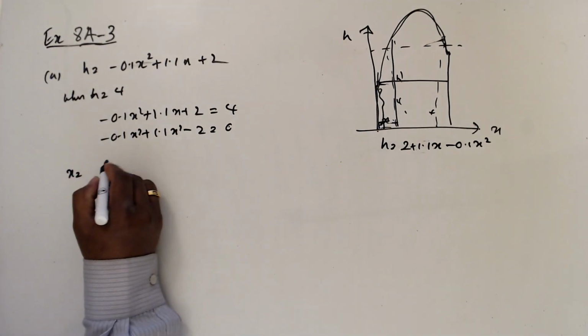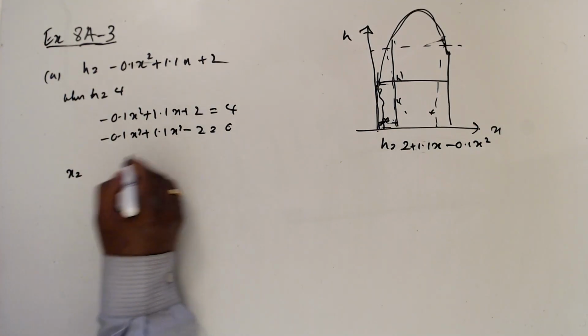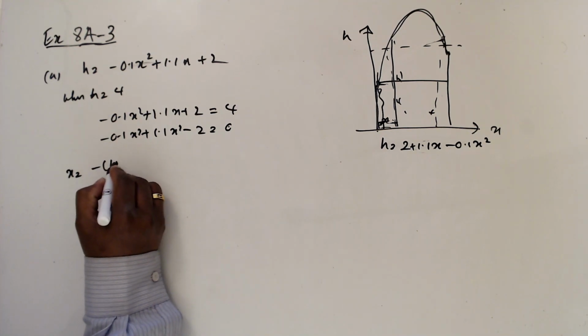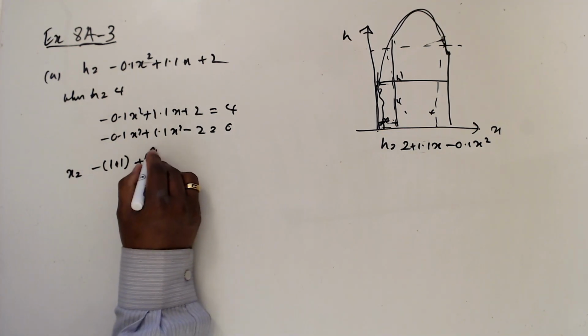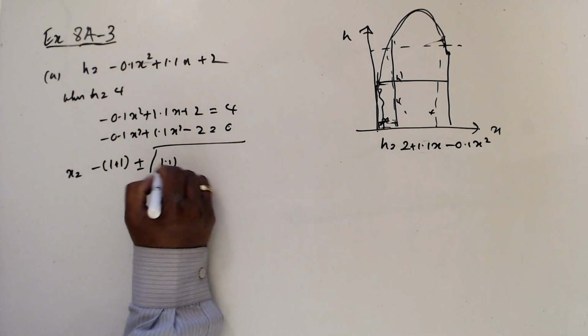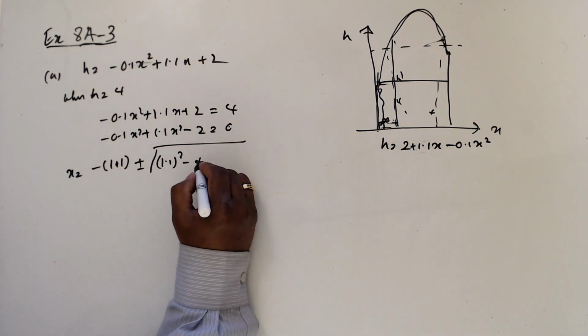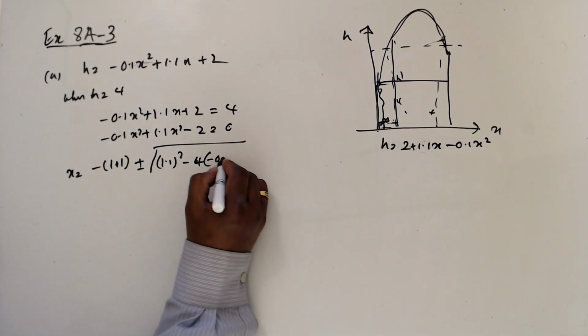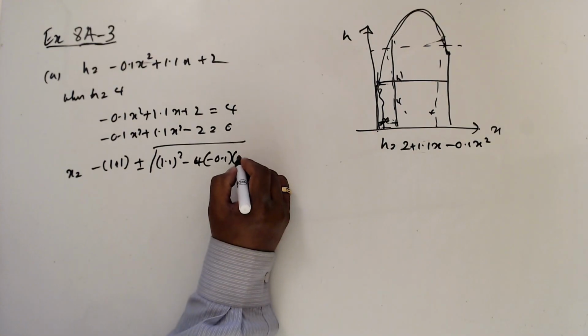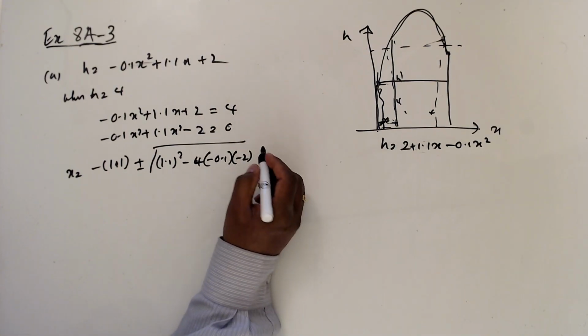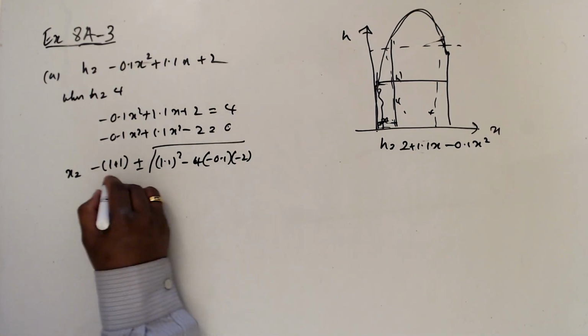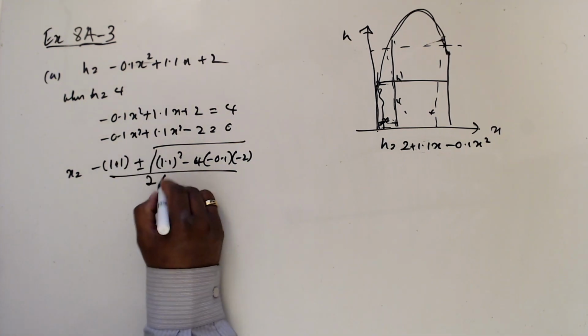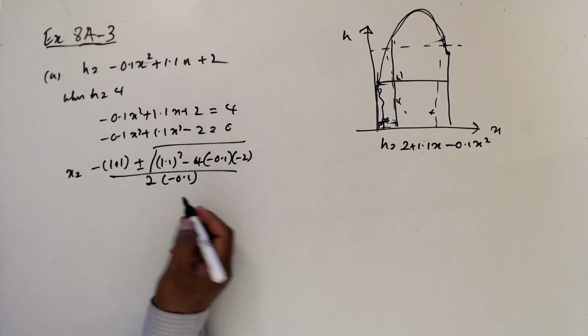So x equals minus b, minus 1.1, plus or minus the square root of 1.1 squared minus 4 times a, minus 0.1, times c, minus 2, divided by 2 times a, minus 0.1.